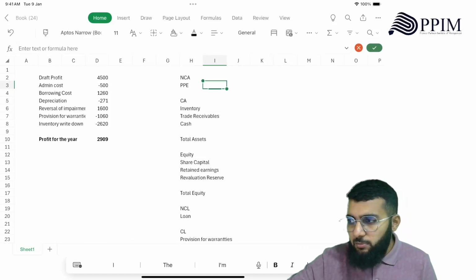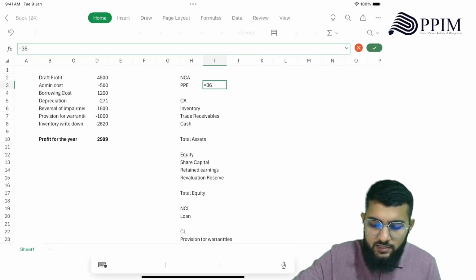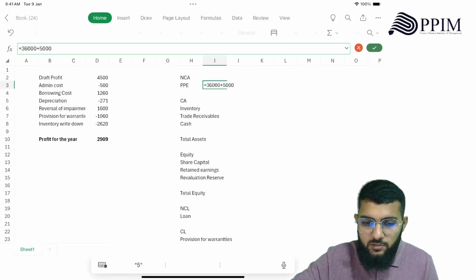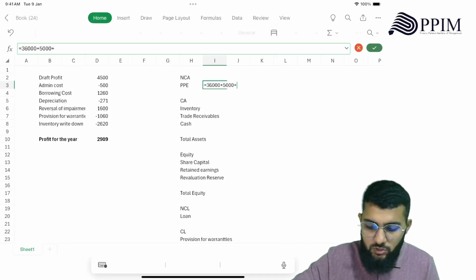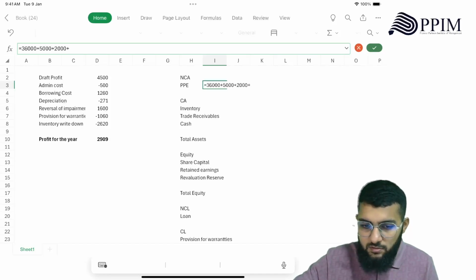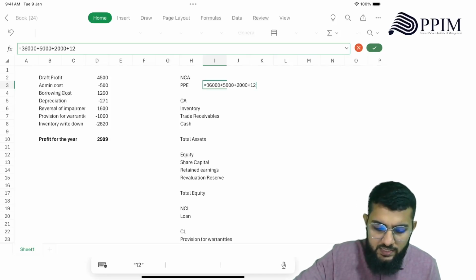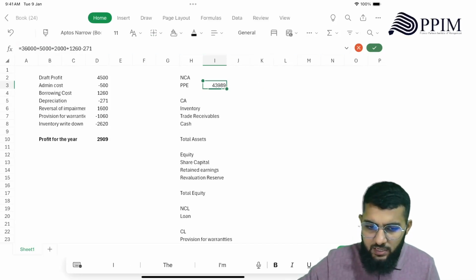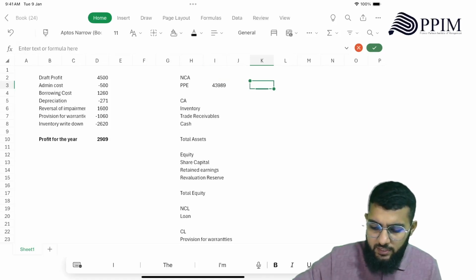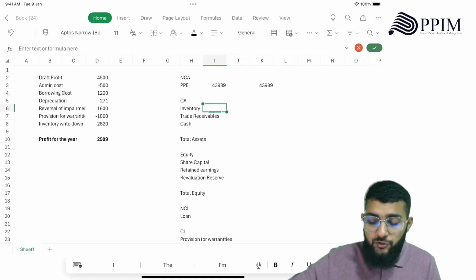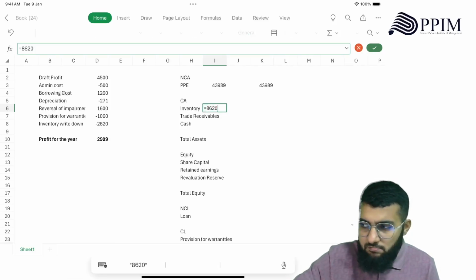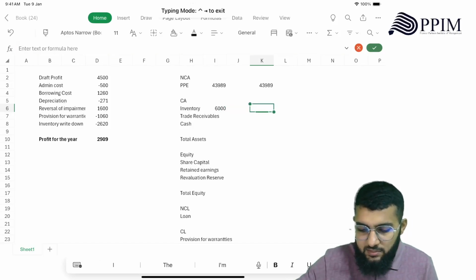Property plant equipment, how much is that going to be? 36,000 plus, right? 5,000 plus 2,000 plus 1,000, 260 minus 271, right? That is my PPE. Okay, that's my PPE. Inventory, how much is the inventory going to be? 8,620 minus 2,620, right? That's inventory.